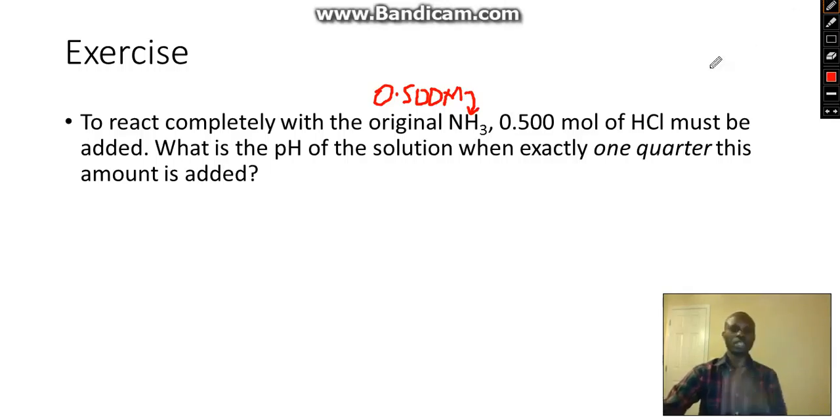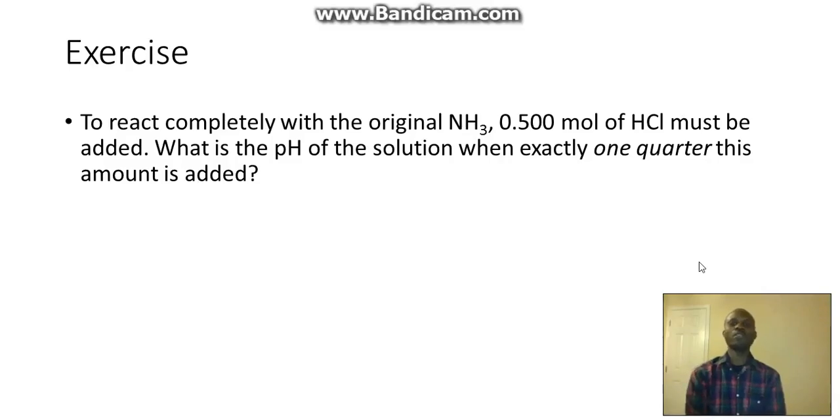So that's what you want to take the original NH3 as. So 0.5 mole of HCl must be added. What is the pH of the solution when exactly 1/4 of this amount is added? That's something that you need to do as an exercise.